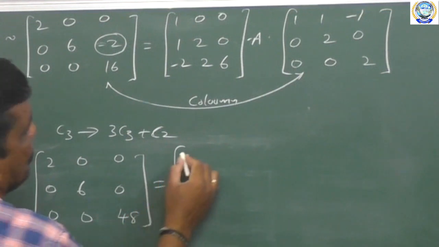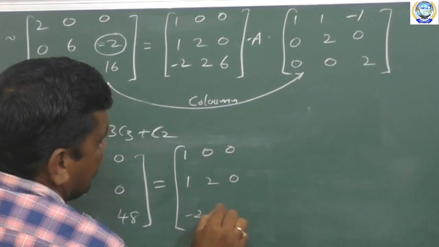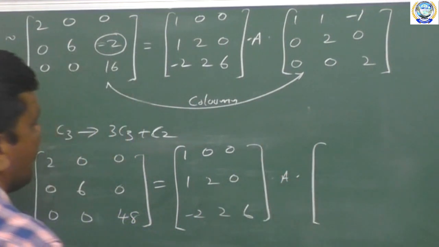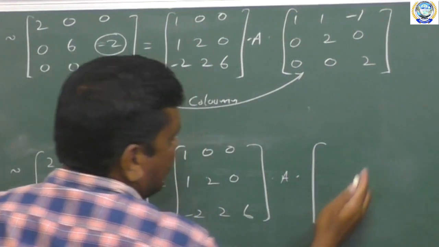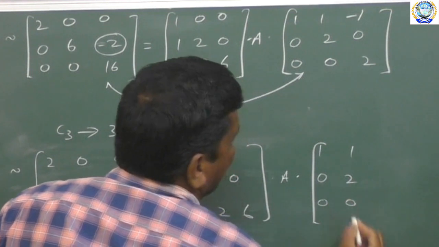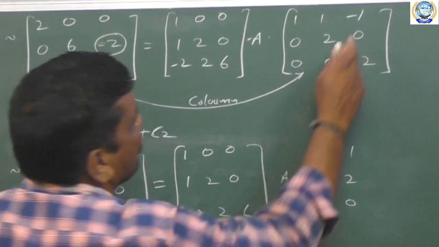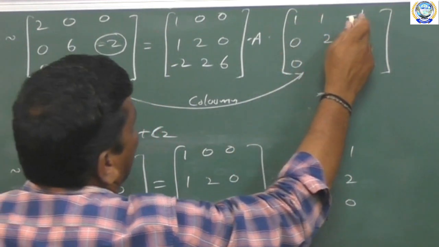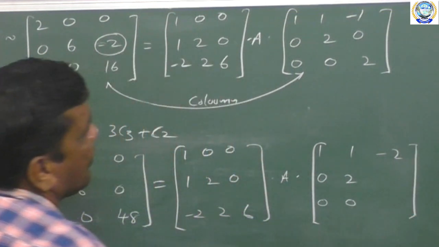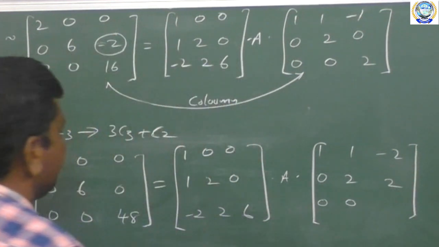The prefactor matrix is fixed, since here we are using elementary column operations. In the post factor matrix, the first two columns are as usual. In the third column, we write 3C3 plus C2. So minus 3 plus 1, it is minus 2. 0 plus 2, it is 2.